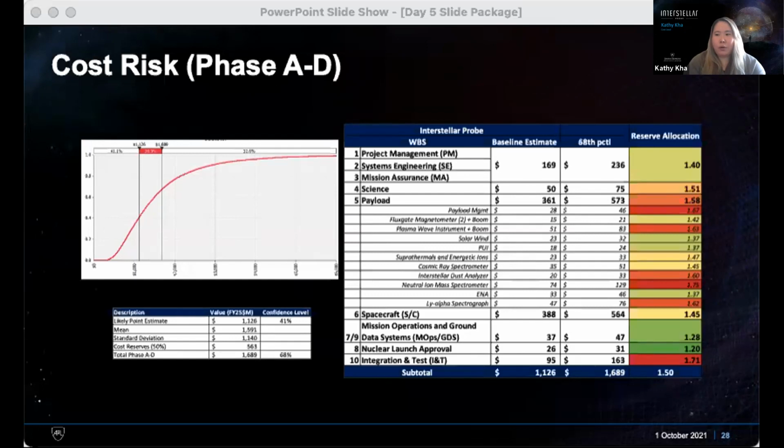For this kind of stage in the game, at a pre-phase A level, we usually want to be around 50 to 70th. So being at 68% is very comfortable. And as we get more detail and continue working on this, we can continue to refine the estimate. But 68% for an estimate pre-phase A is kind of where you want to be. Next slide, please.